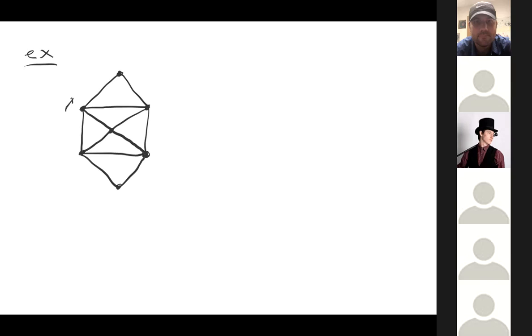So this is going to be A, B, C, D, E, F, and G. I want you guys to find a Hamilton path and a Hamilton circuit for this. Just go ahead and write your path in the comments, something like A, B, F, C, D, G. But remember, you can only hit each vertex exactly once, and you can't hit it more than once, except in the case of the Hamilton circuit, where you can start and end at the same one.